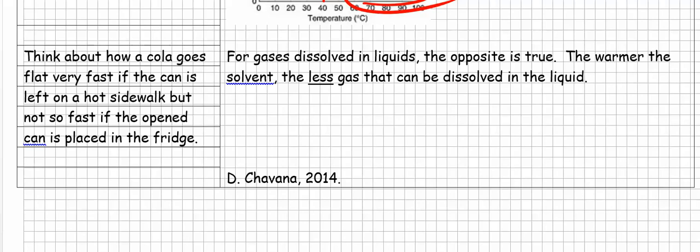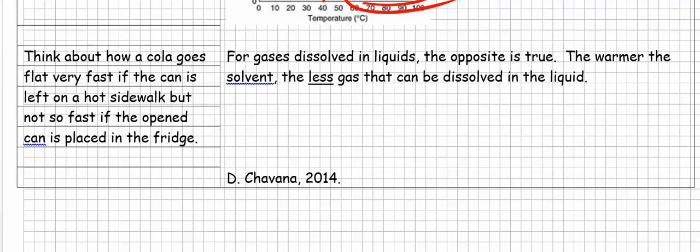That's why we have this example of the Coca-Cola, because for most substances, as you increase the temperature, solubility increases. But for gases dissolved in liquid, it's just the opposite. Again, the colder it is, the more soluble the gas is in the solvent. This time it's reversed.